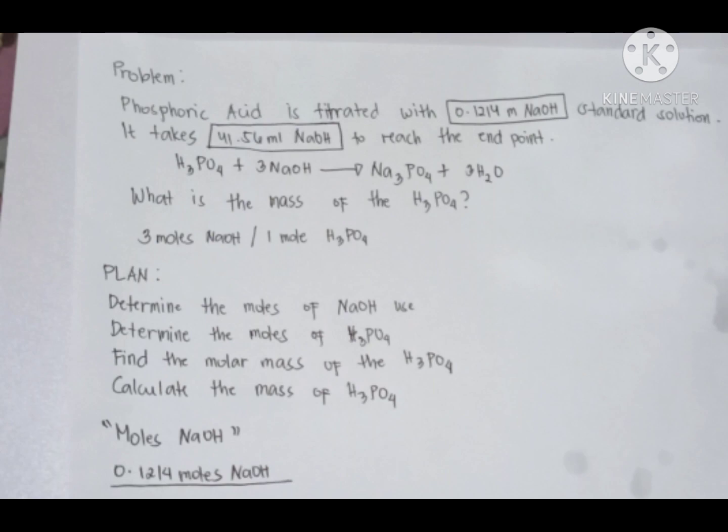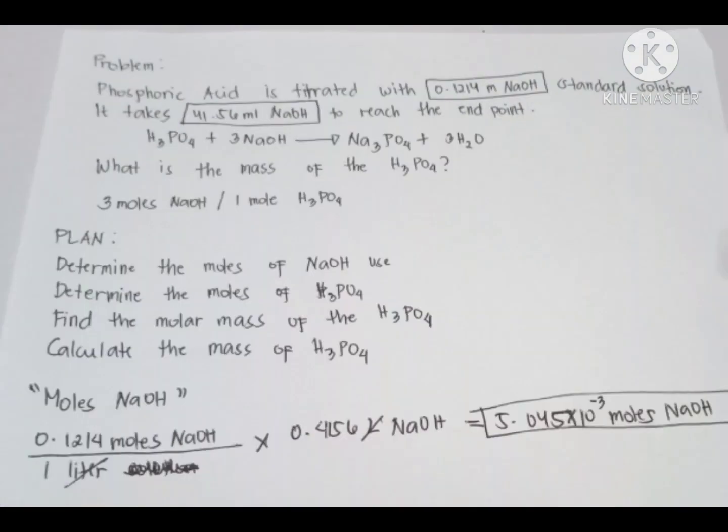First is the moles calculation of sodium hydroxide. We have here 0.1214 moles of sodium hydroxide, and remember that molarity means moles per liter of solution.